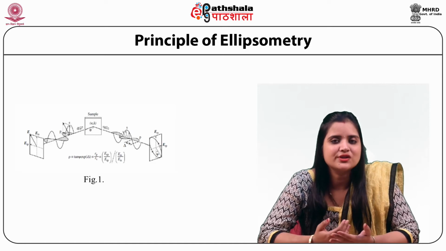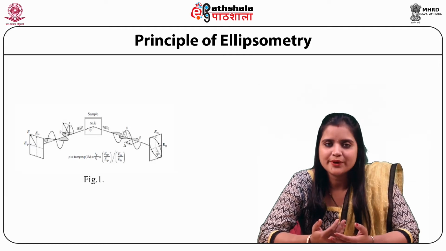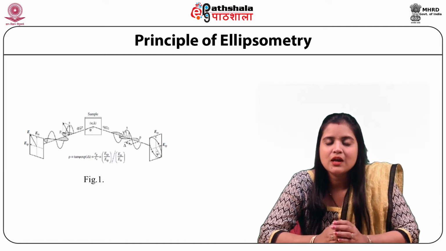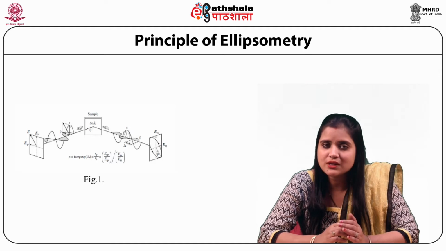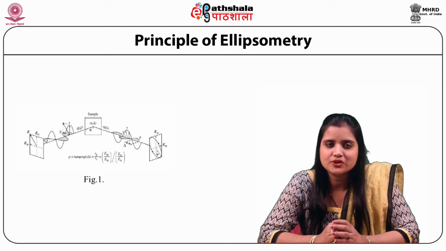Let us now study the principle of ellipsometry. The electric field component of light, which is coming from a laser, can be divided into two components, that is, S-polarized and P-polarized components.